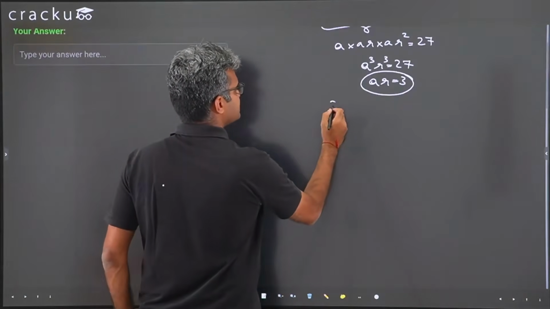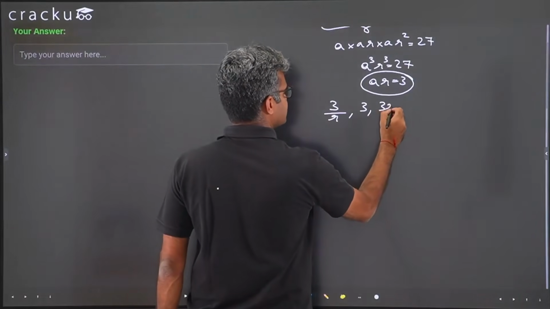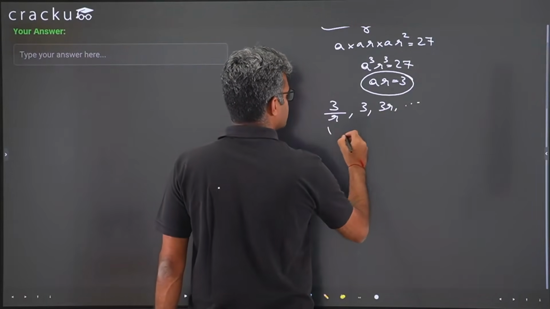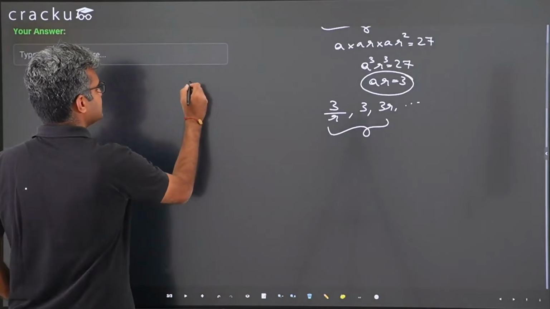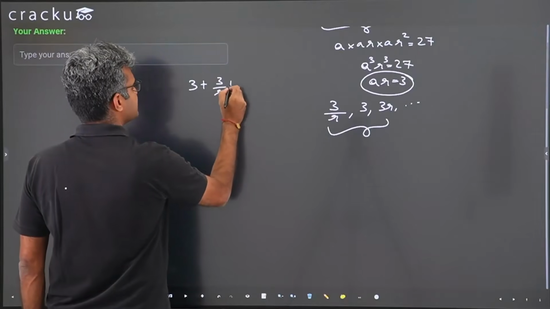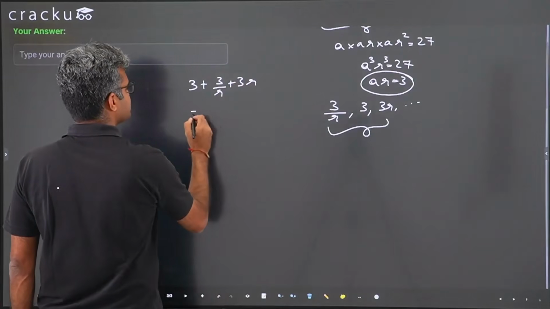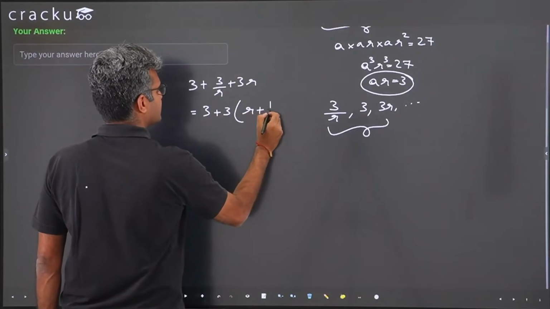So the first term is 3 divided by r, second term is 3, third term is 3r, and so on. Now what is the sum of the first three terms? The sum of the first three terms is 3 plus 3 by r plus 3r, which is equal to 3 plus 3 times r plus 1 by r.